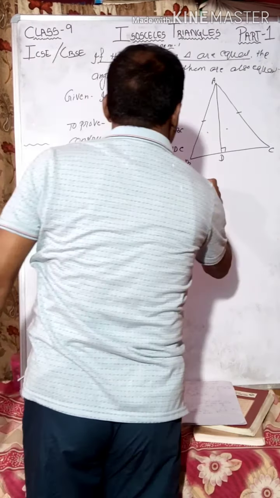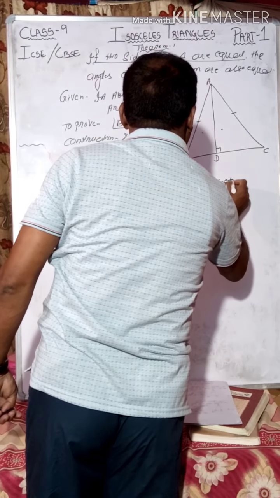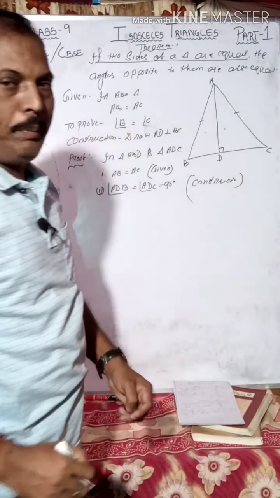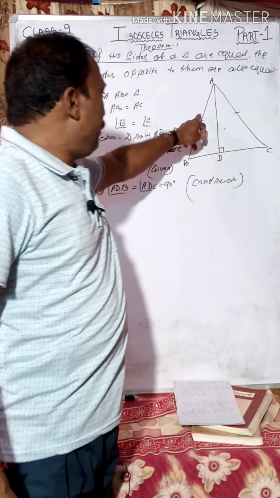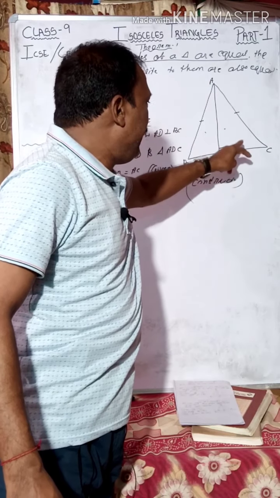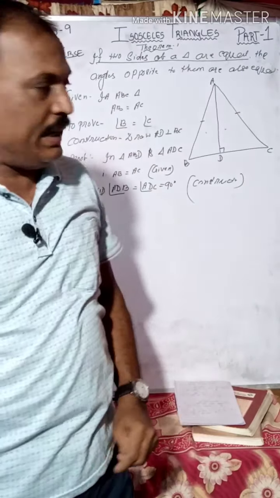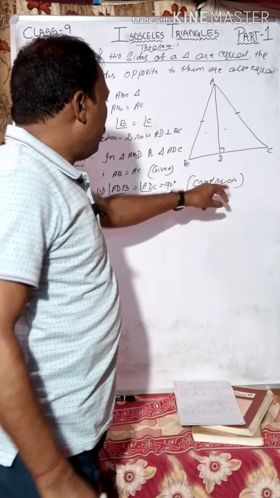What is this? This is construction. Due to construction, as AD is perpendicular to BC. In triangle ABD and triangle ADC, AB is equal to AC, angle ADB is equal to angle ADC, that is equal to 90 degrees, by construction.